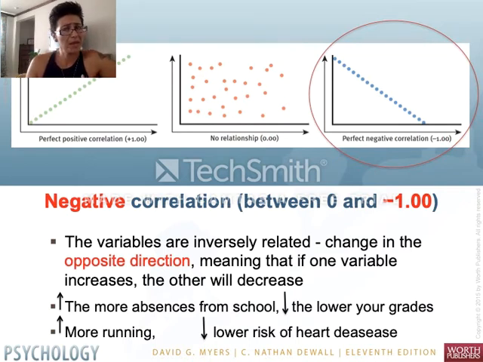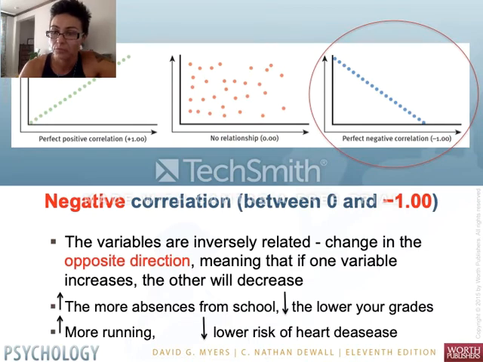Those two, maybe they don't have anything to do with each other, right? My absences from school don't necessarily predict my heart condition. So if I plot my absences and my heart condition, my graph is going to look like the middle. No relationship, cannot be predicted. Okay, so this really is everything about these correlations.